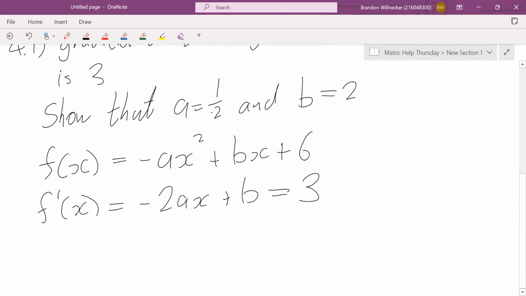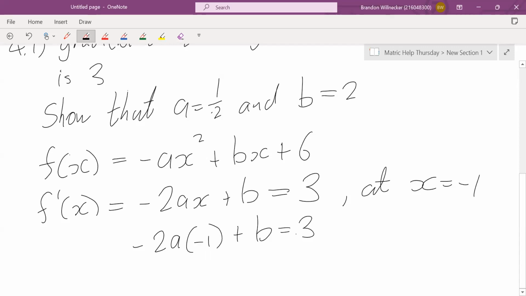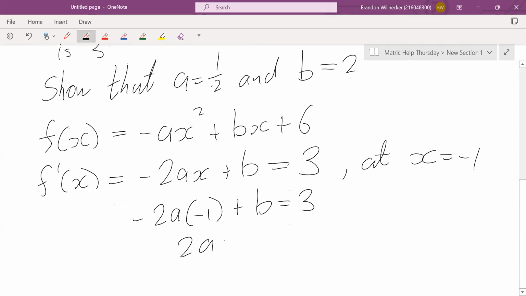So we can substitute that in here. So this is going to be minus 2a, we sub in x is minus 1, plus b is equal to 3. So this is going to be 2a plus b is equal to 3. Okay, so this is one equation that we can use to solve for a and b.